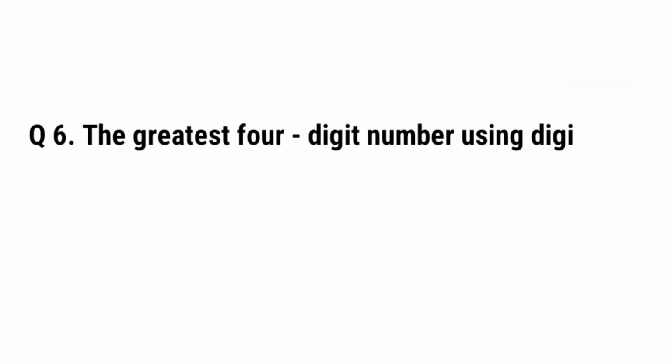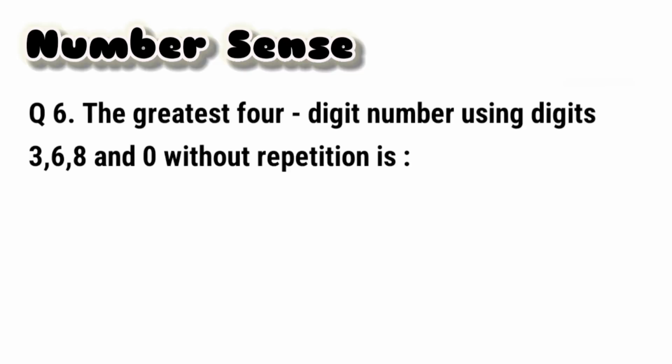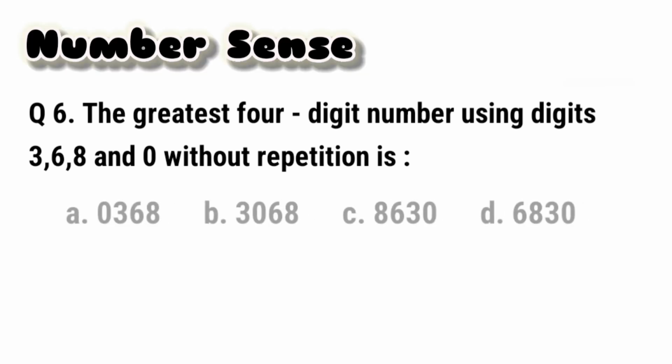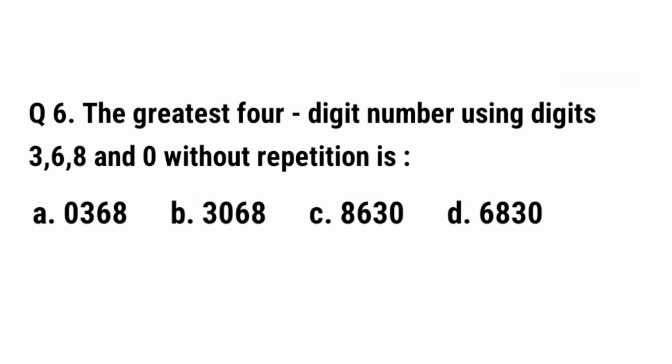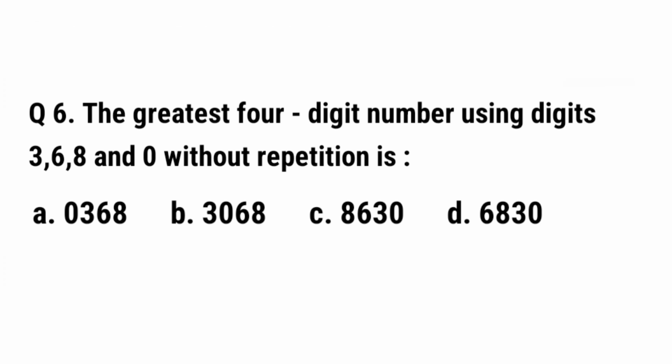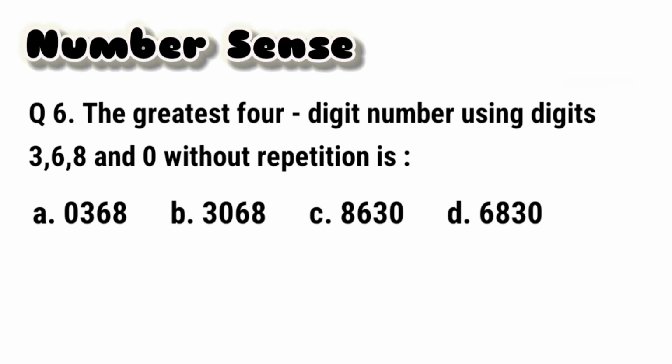The greatest 4-digit number using digits 3, 6, 8 and 0 without repetition is A 0368, B 3068, C 8630, D 6830.